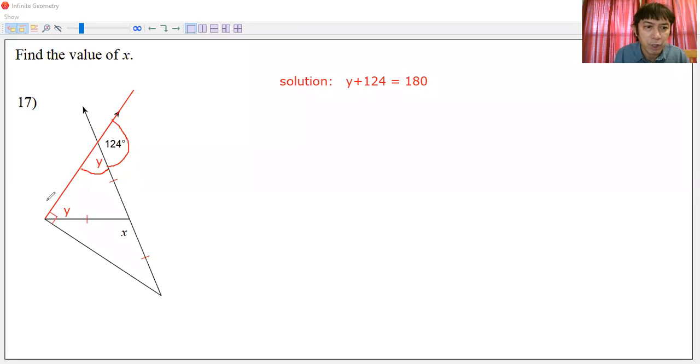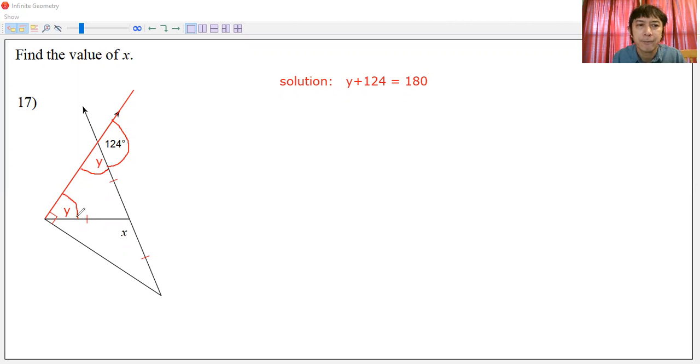The measure of this is also y degrees. Why? Because this mark and this mark, opposite to these two sides equal, are two base angles that are equal. So this will be in a measurement equal to the measure here.